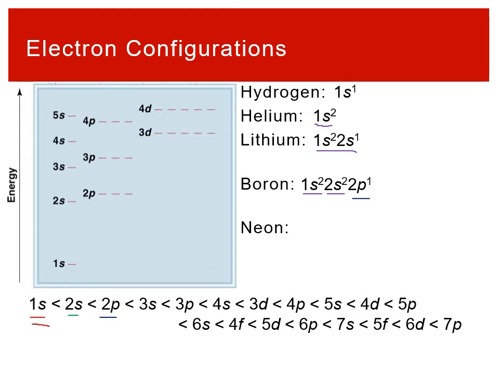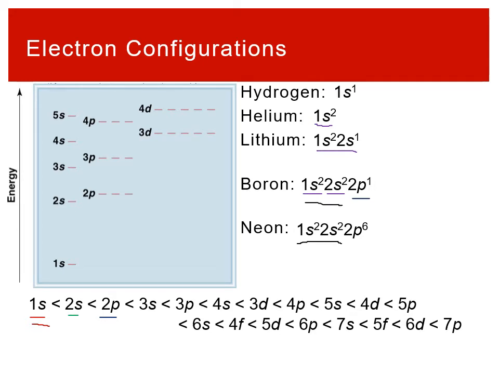We can see with neon, this is atomic number 10. We would expect that the first couple will be 1s2, 2s2. Those are full subshells for boron at 5 electrons, and since neon has 10 electrons, more than 5, those full shells are still going to be full. Once you're past 4 total electrons, that initial part is always going to look like that.